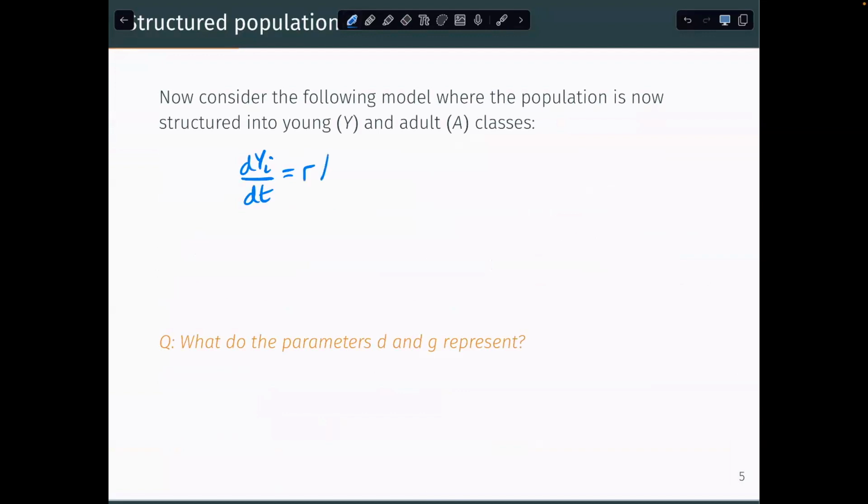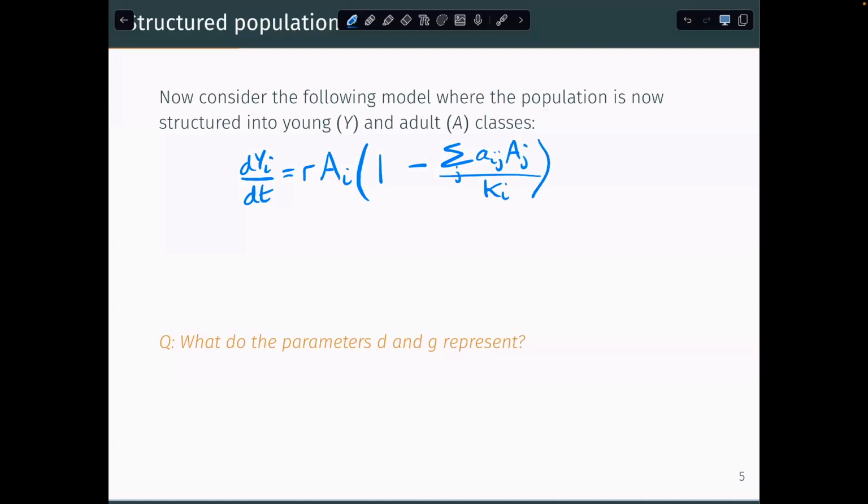And I'm going to say that this is r times ai, times 1 minus the sum over all phenotypes of aij, so little aij, which is the strength of competition, just like we had in the previous model. We're just going to sum over our adult class here. We're going to assume essentially that adults are the only individuals who are consuming sufficient resources. We have our carrying capacity that we had before.